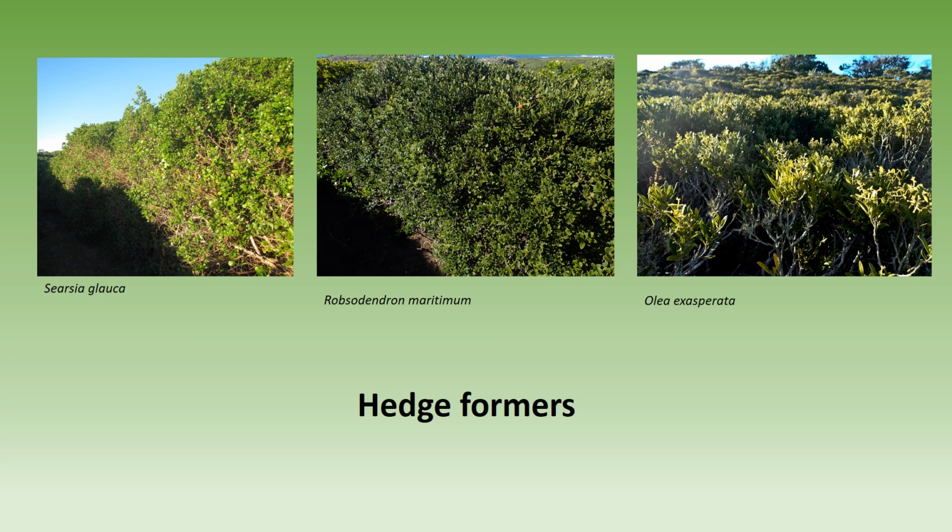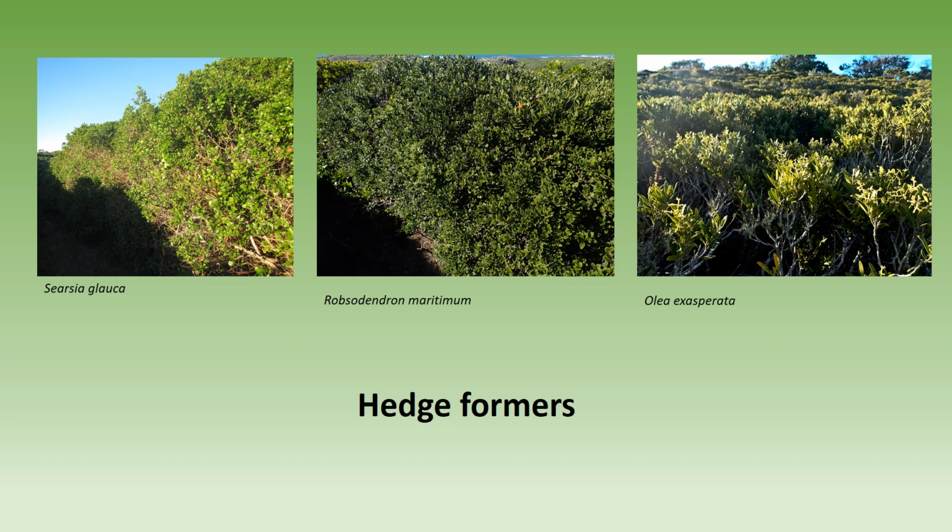But these hedge formers mostly appear as low plants, about 1 to 3 meters high, extremely densely branched, with a very dense canopy that intercepts most light as well as most rainfall. The rainfall gets down to the roots of these plants via stem flow. The plants are much broader than high.